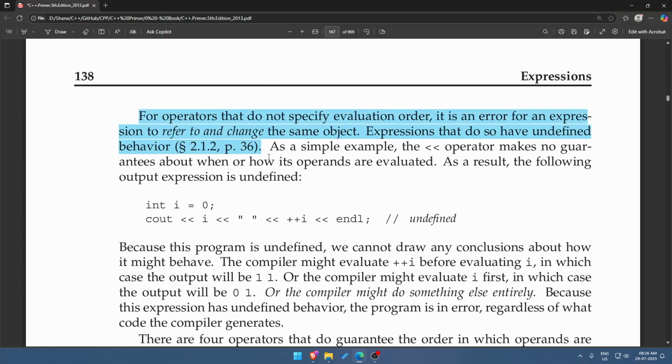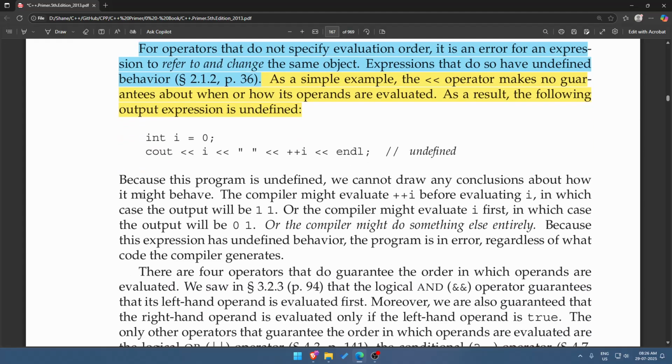Okay. As a simple example, the output stream operator makes no guarantee about when or how its operands are evaluated. As a result, the following output expression is undefined. Okay, because this program is undefined, we cannot draw any conclusions about how it might behave.